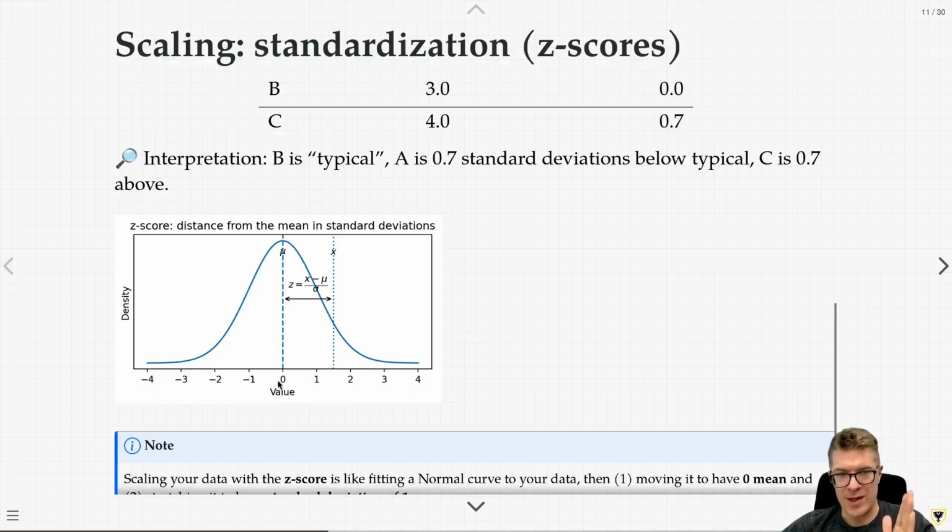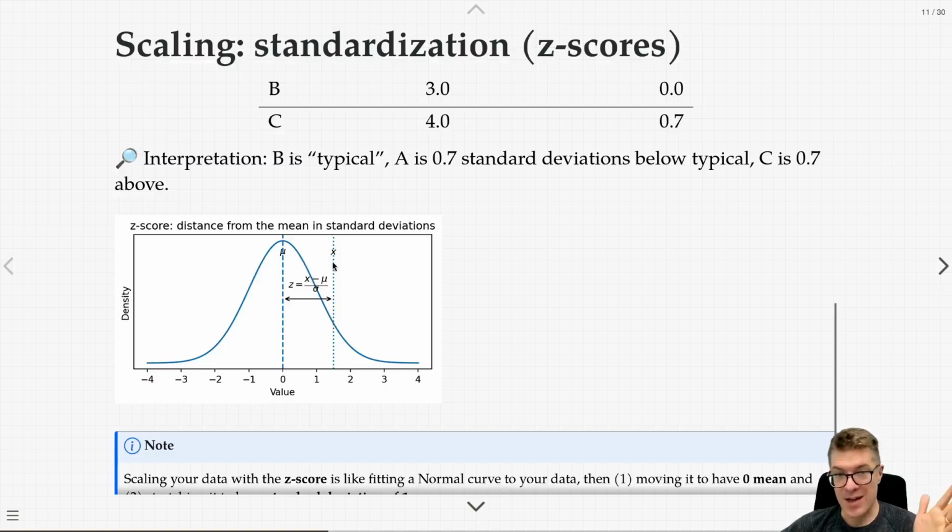So now mu is lining up on 0, and then I've moved this Gaussian curve, squished it inwards or stretched it outwards, so that one standard deviation is one scaled unit away from the mean mu. So I have a particular data point x, and that's represented as the distance from mu divided by sigma.